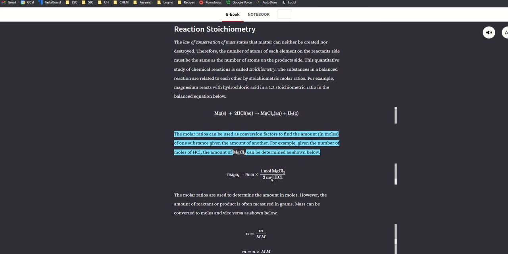So these ratios are really useful because they can take us from one thing, and by thing I just mean one component within this chemical reaction, to another component in this chemical reaction. So it's very powerful.